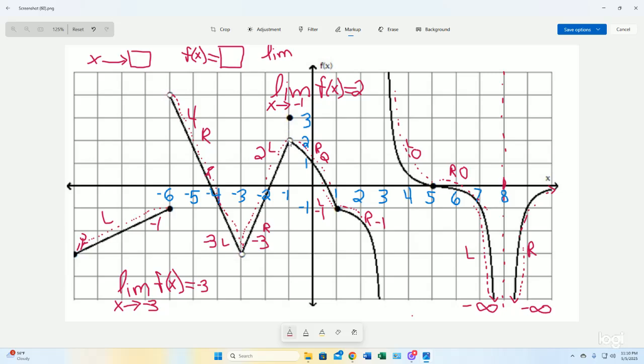So you may be asking, well, does it mean it's always going to be an answer? And it actually isn't. This is the reason why I say left and right have to coincide. Let's look at 6. So let's take the limit as x approaches negative 6. On the left-hand side, we get negative 1. On the right-hand side, we get 4.